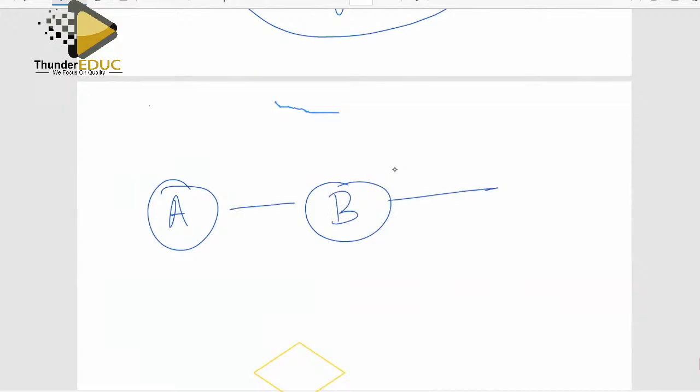Negative feedback mechanism is like this. From here, from A, you are going to Johannesburg, which is B. Now you are going in a direction.